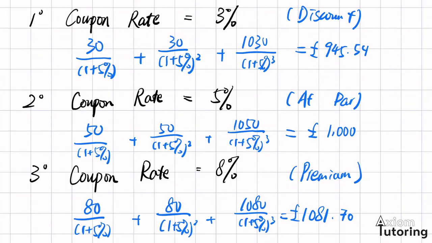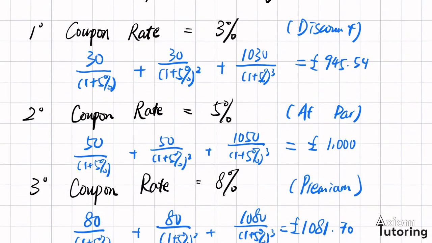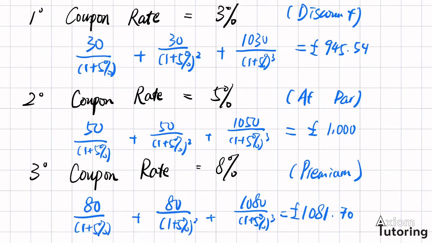It also serves as a self-checking tool. If your coupon rate is less than your yield to maturity, but your bond is priced at a premium, then you know you have done something wrong. So it's very useful for checking your answers, and also provides a shortcut if the coupon rate is the same as the yield to maturity. I'll see you in the next video.